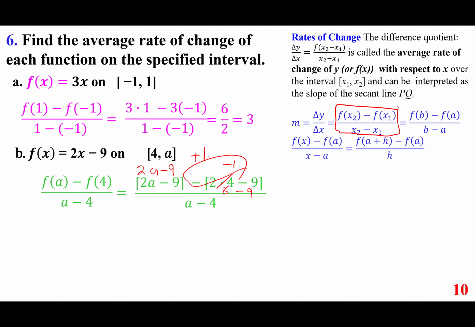So plus 1, or 2a minus 8. We can factor the a minus 4 out of the numerator, and it cancels out the denominator, and it becomes 2.